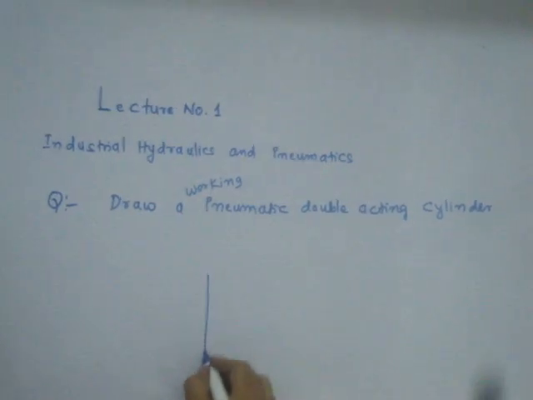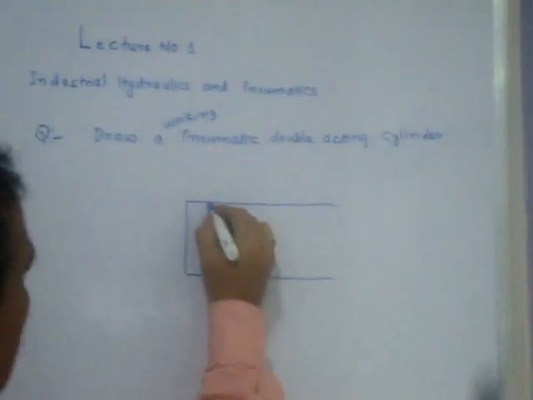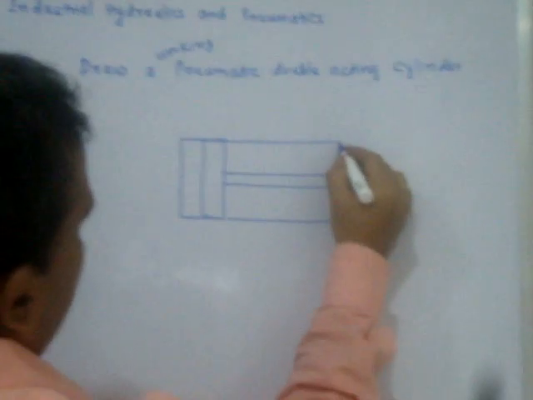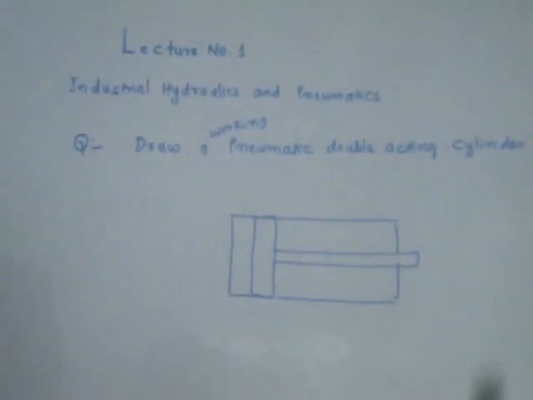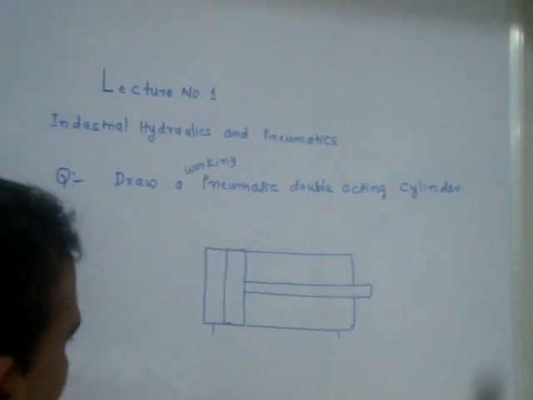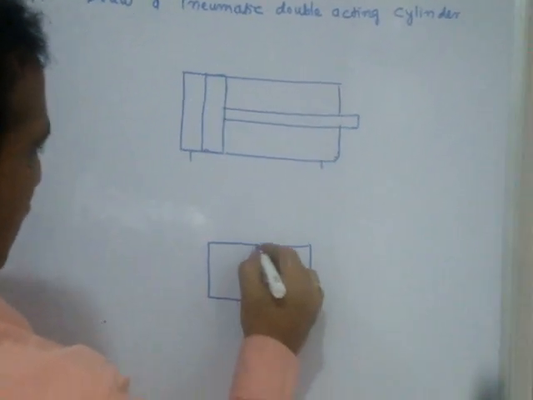So now I'll take this. This is a double acting cylinder. Here, if it is pneumatic, I'll use 5 by 2.